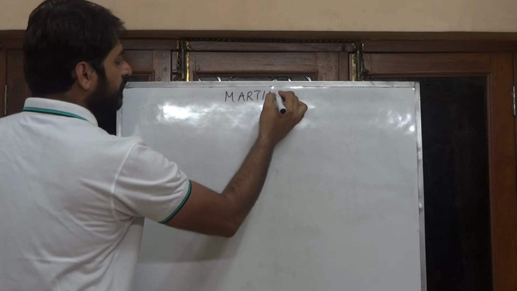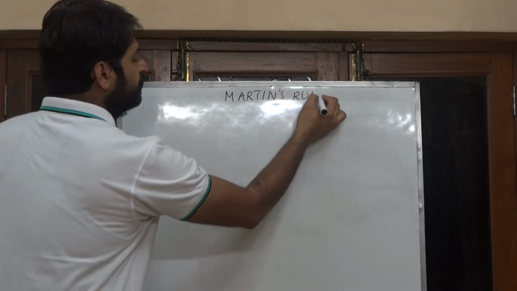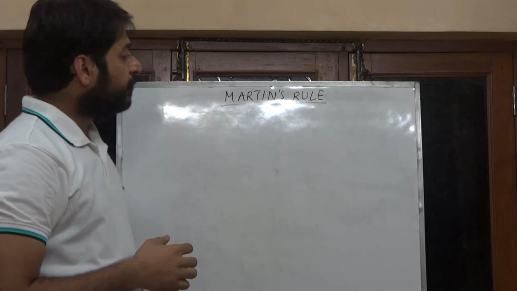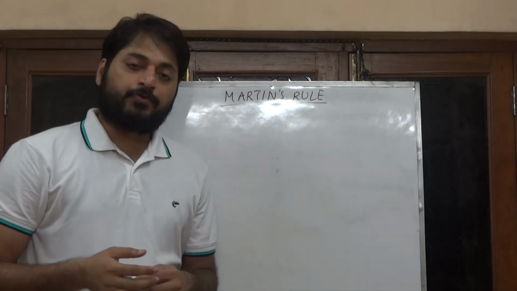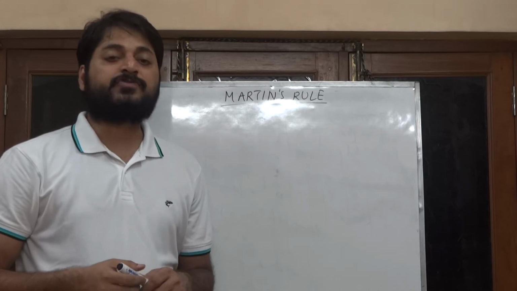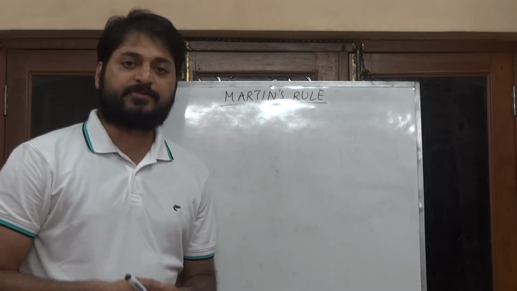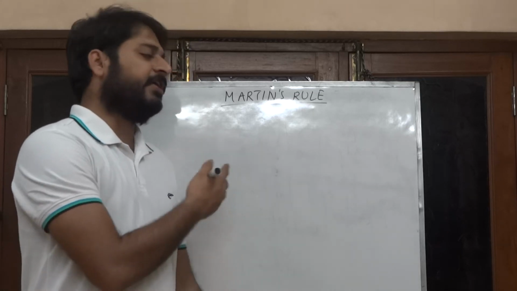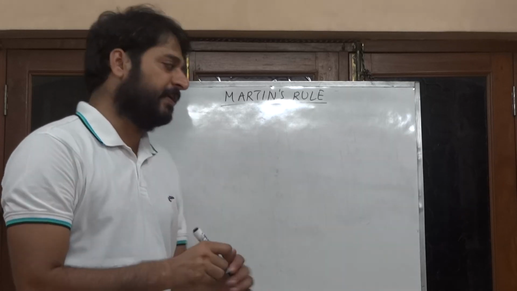Martin's rule is used to find the solution to the equation in 3 variables x, y, and z. Like we have solved in class 9 the solution of a system of linear equations in 2 variables, simultaneous equations. Here you have the equations in 3 variables.